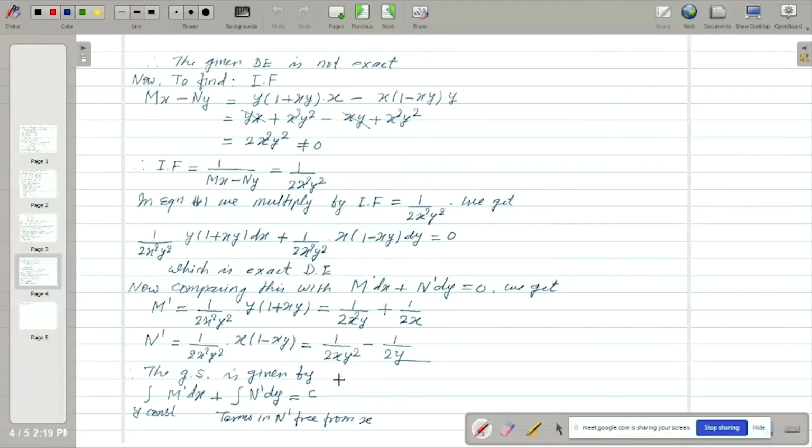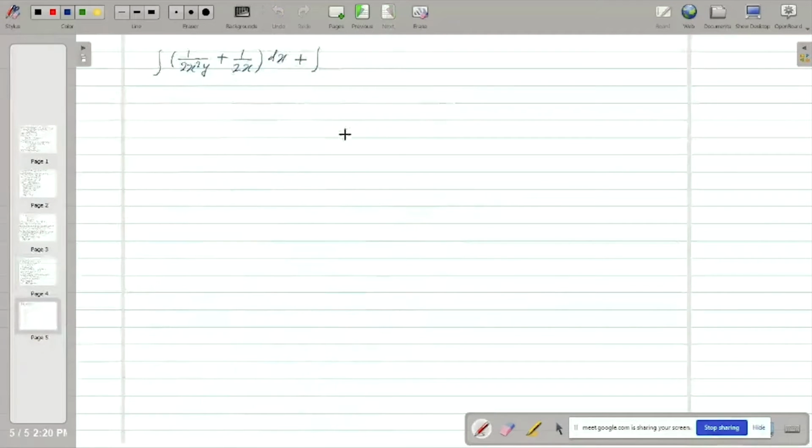Free from x, we will not take this term because here x is there. So terms in N free from x. So we'll take this term, minus 1 upon 2y, dy equal to c. Okay.